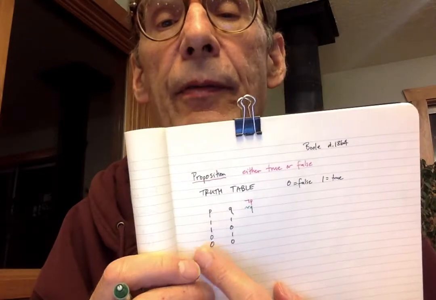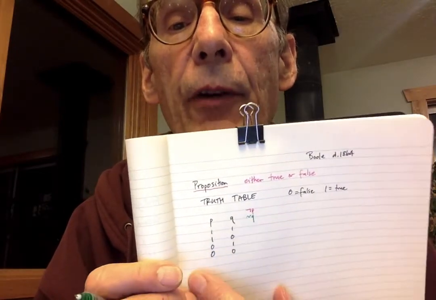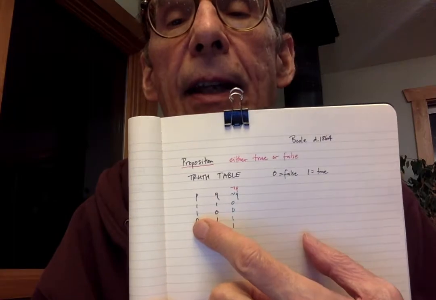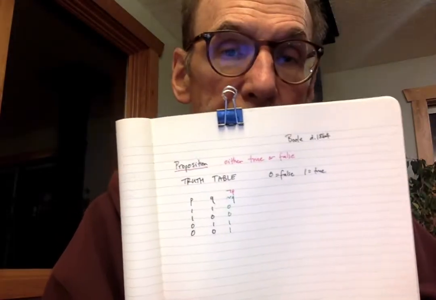If P is true, its negation is false. If P is false, its negation is true. So I'm just going to fill in the truth table. This is going to have duplicates because there's only one variable involved here. So the values are 0, 0, 1, 1. And in each of those rows, I've negated P. So there's negation.